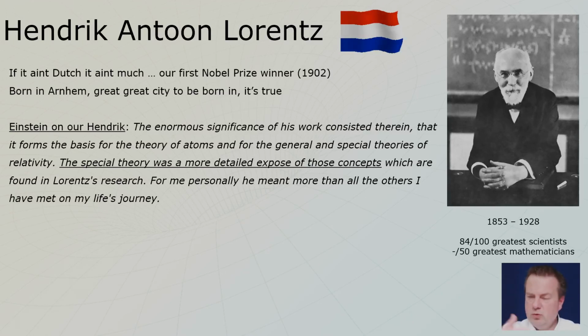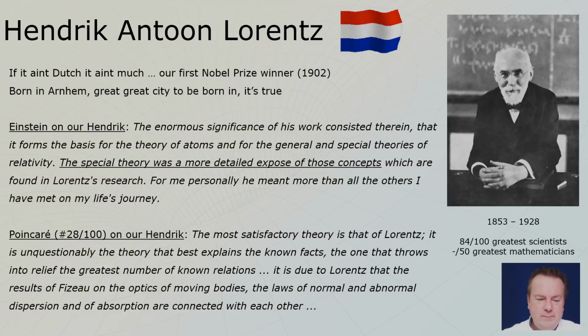So he gives full credit to Lorentz for solving it, and says only what I did is I detailed it. For me personally, he meant more than all the others I have met on my life's journey. So, yeah, of course I'm proud because he's Dutch, but I will drop it now. But I don't think he deserves to be at number 84. He should be a little bit higher in the ranks.